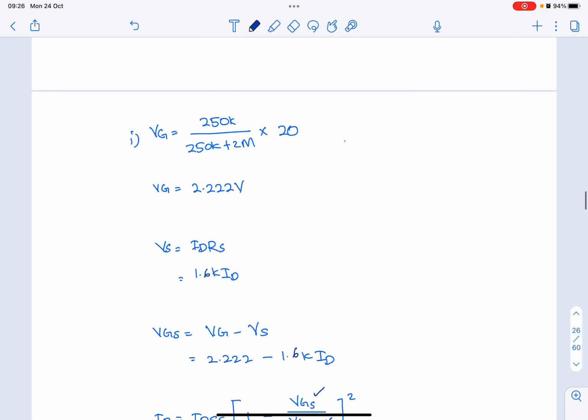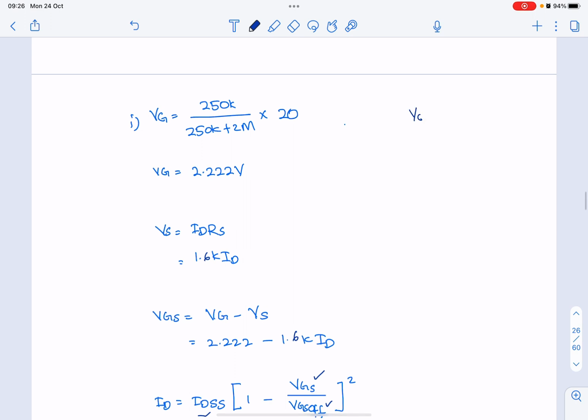So as you know, VG is equal to VGS plus VRS. So you need to calculate your VG applying the voltage divider rule, which is R2 divided by R2 plus R1, and then you multiply with your source. So you get VG equal to 2.22 volt.